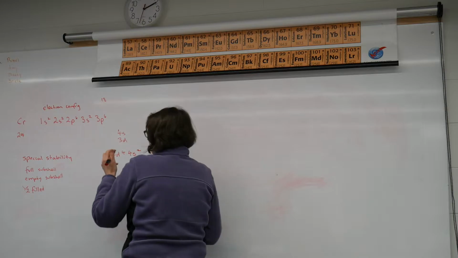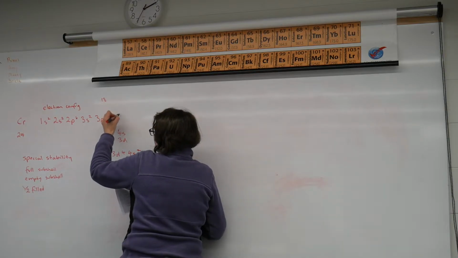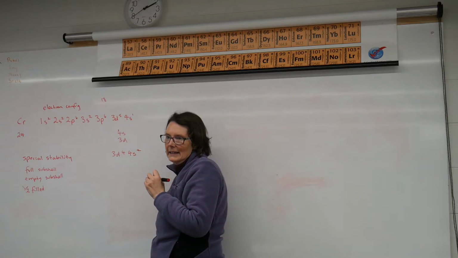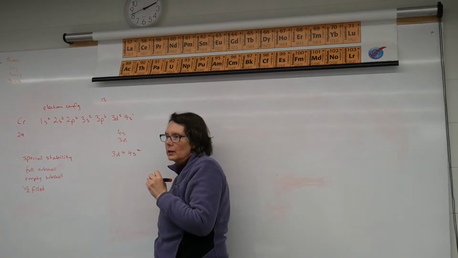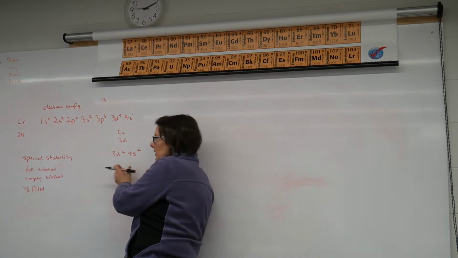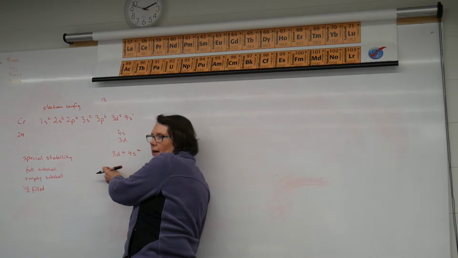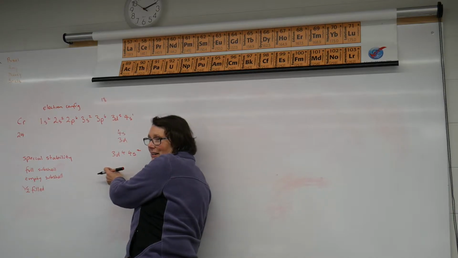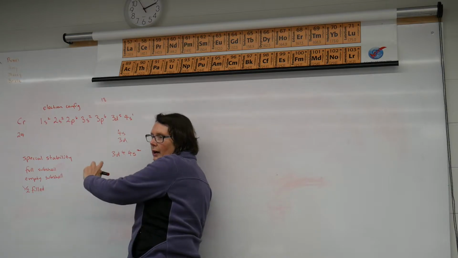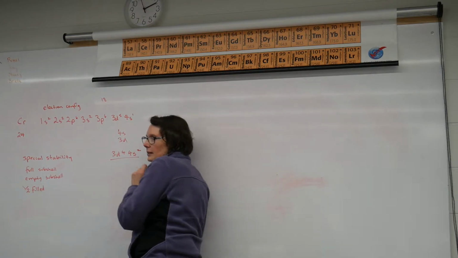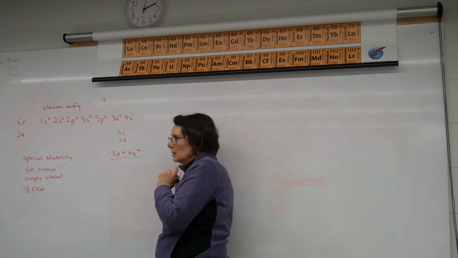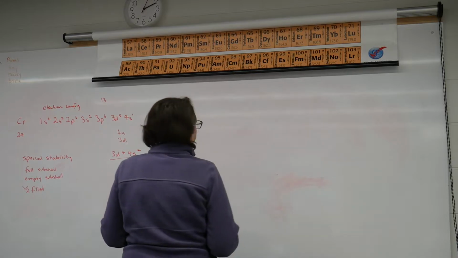If I go instead 3d5, 4s1. Okay, so instead of completely filling the 4s and then not quite half filling the 3d, it's more stable to have them all half filled because these are so close in energy level.